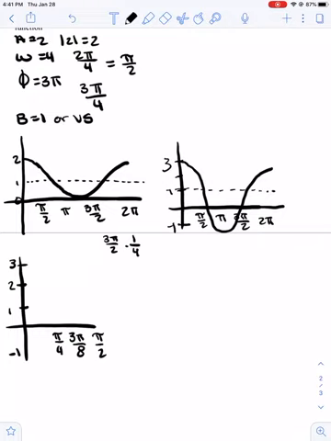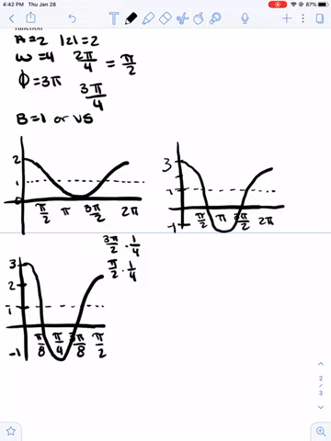Pi divided by 4 is pi over 4, and then pi divided by 2, pi over 2 times 1/4 is pi over 8. So I'm going to draw the same graph with our new subintervals. Down, back up.